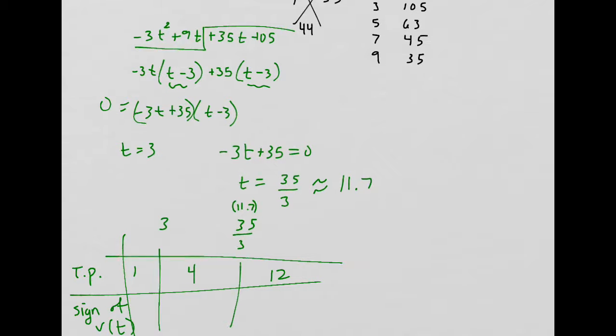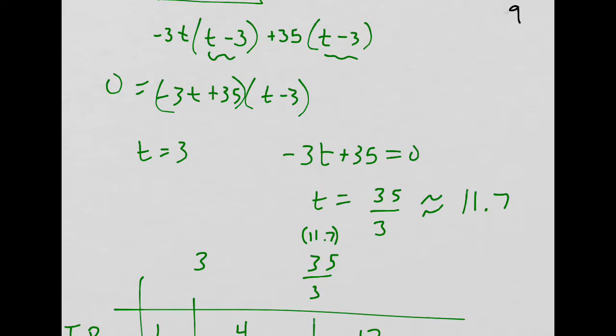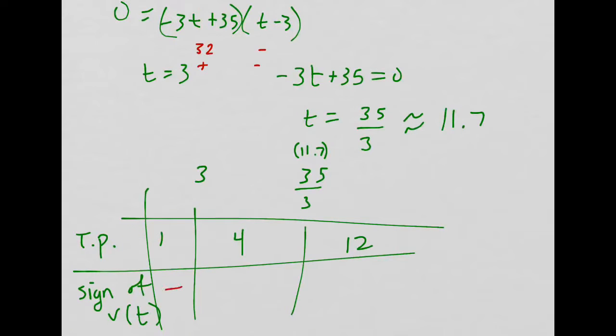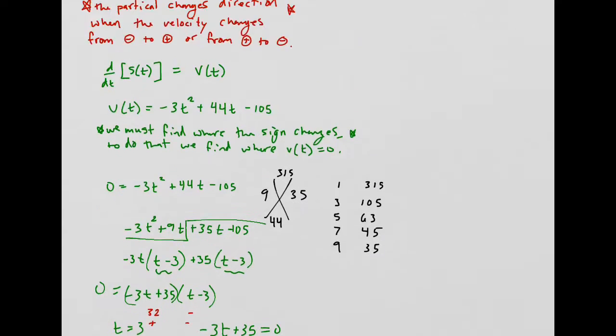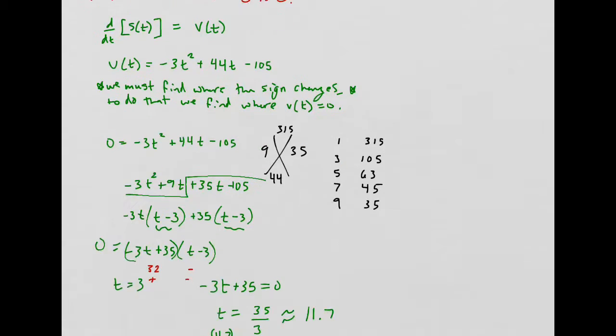Well, negative 3 plus 35, that would be positive 32, and then this would be just 1 minus 3, that's negative, right? So it's a positive times a negative, that'll give me a negative. Okay, so that's a negative value. If this is positive, then 3 is a time where the particle changes direction. That's what I wanted to know.